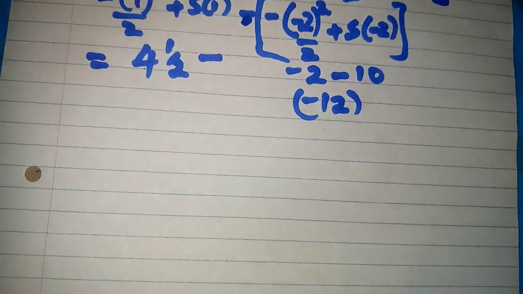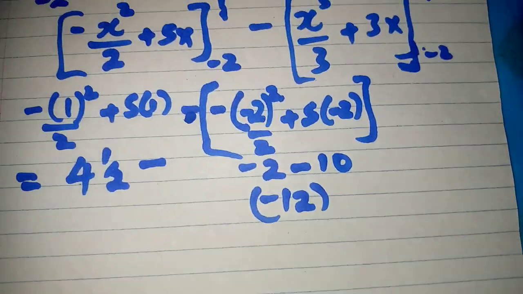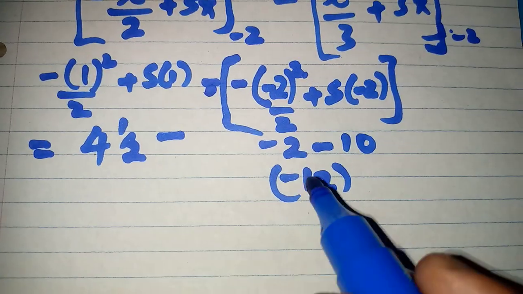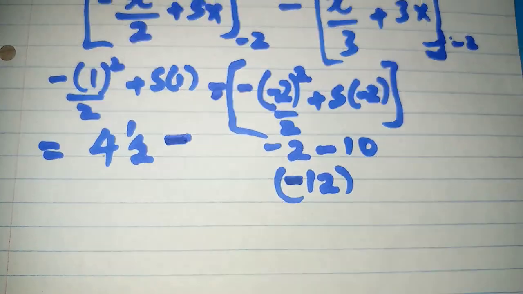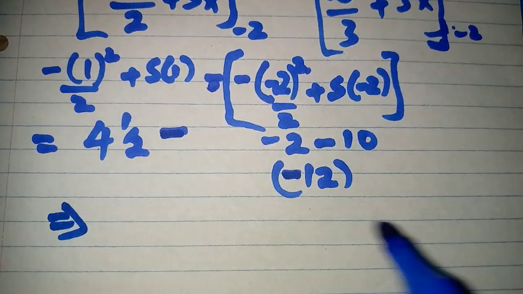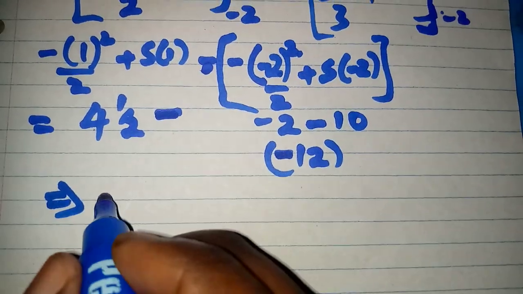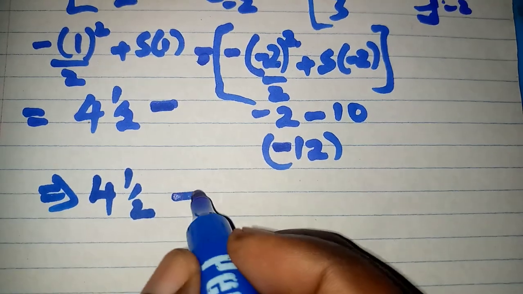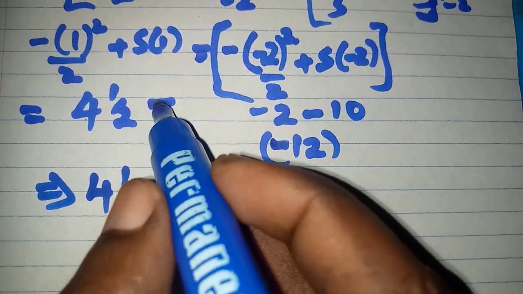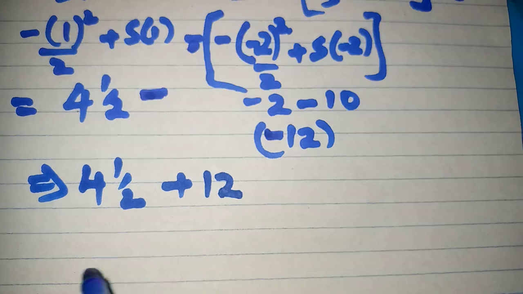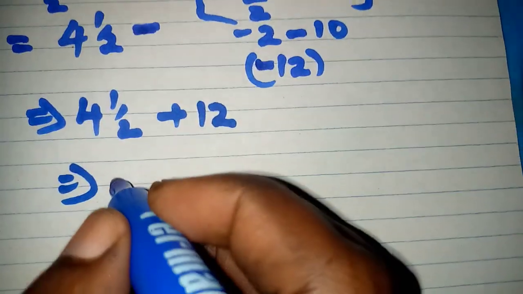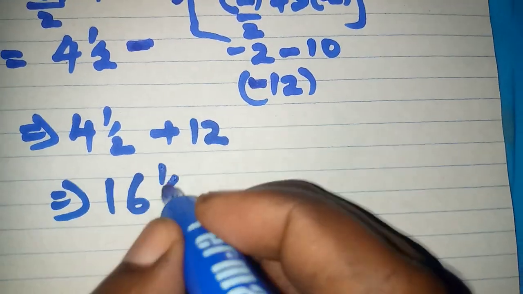So this negative and the other negative make a positive, giving 4.5 plus 12. It goes without saying that the answer is 16.5.